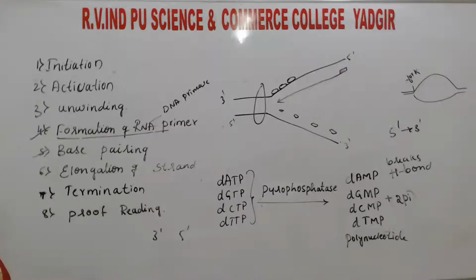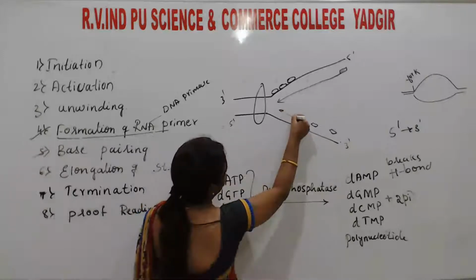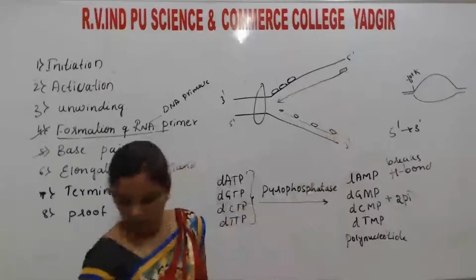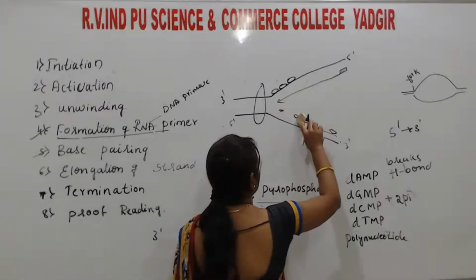Here, in the presence of magnesium, energy utilization is taking place. The DNA polymerase 3 joins the adjacent nucleotide's nitrogen base to the template DNA. Think of this as a base, and they are joined by a phosphodiester bond using energy.